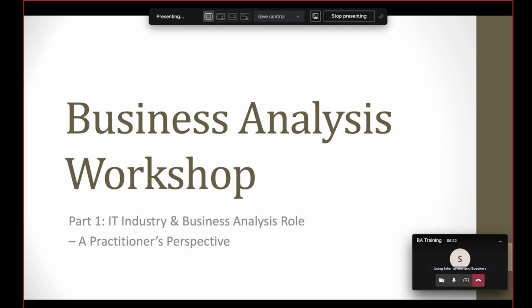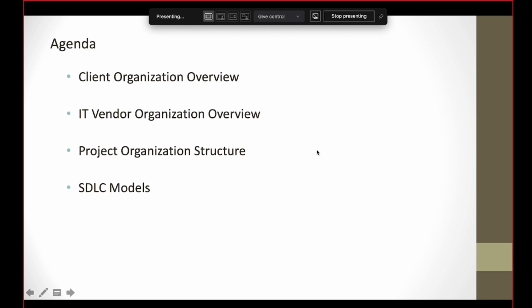After that we'll go through different software life cycle methodologies which were widely followed in the market, and I'll take you to agile methodology, which is widely used in current trends. So let's get started today. Client organization overview and vendor organization overview, project structure and SDLC models. This is the agenda for today.